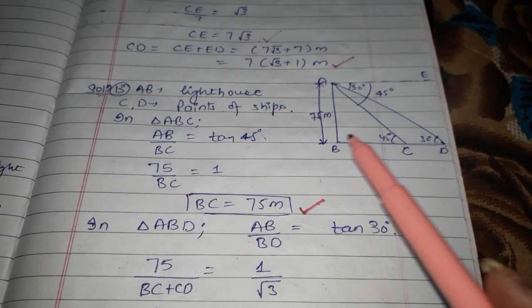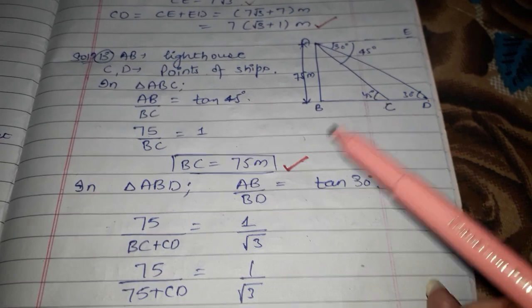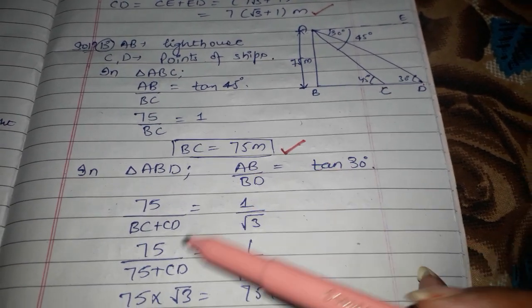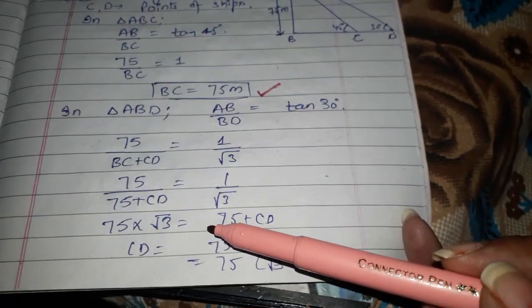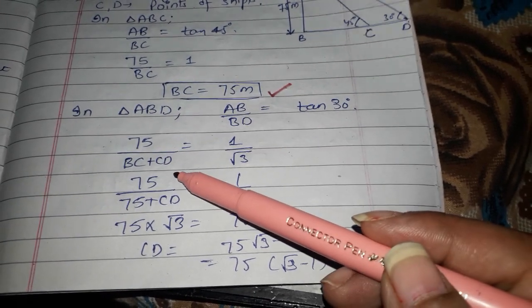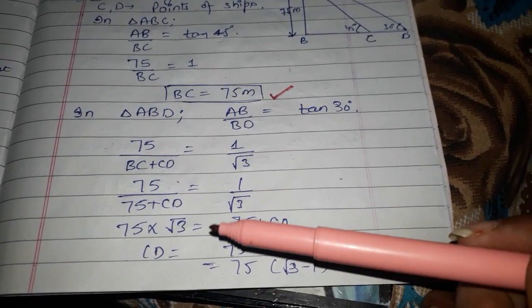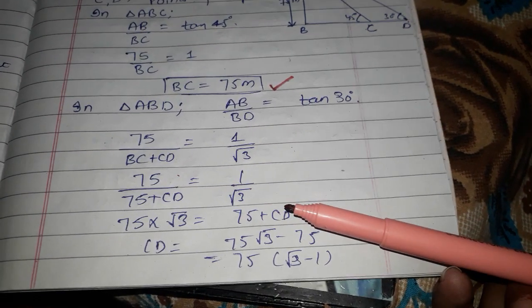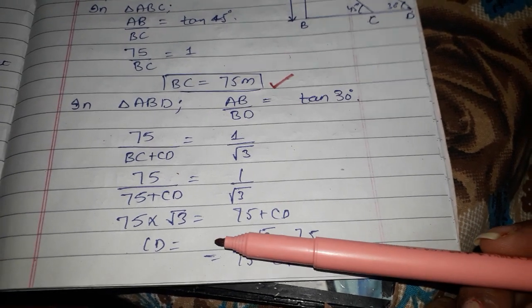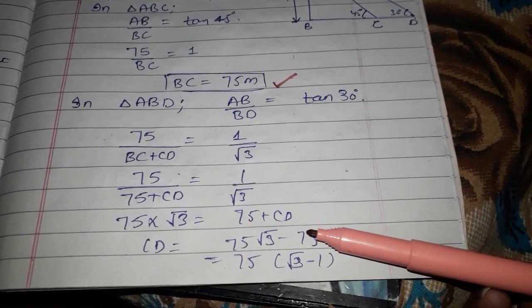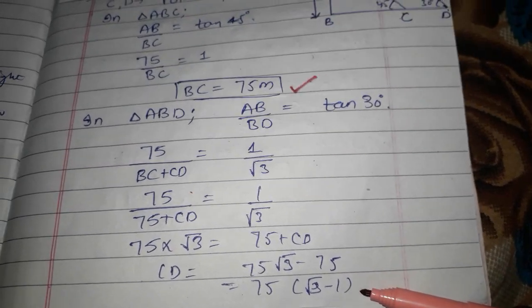AB is 75, BD can be written as BC plus CD, equal to 1 by root 3. BC is 75. On cross multiplication, we get 75 into root 3 is equal to 75 plus CD. CD is equal to 75 root 3 minus 75, that is 75 times root 3 minus 1.